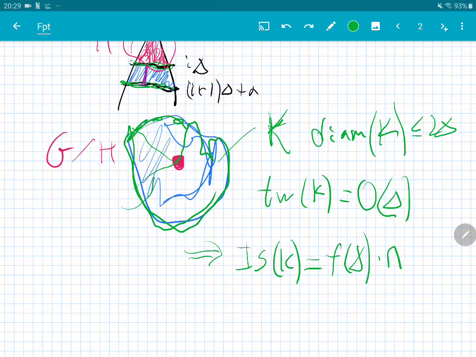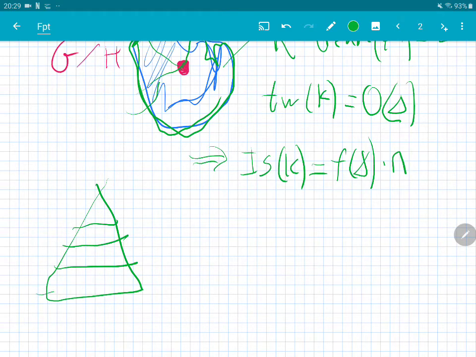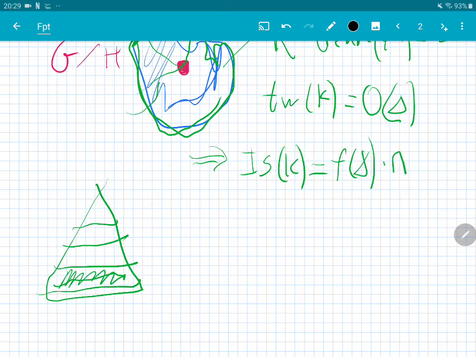Okay, so why is this good? Let's go back to our tree. We cut it in those randomly shifted levels. For every one of those layers in between the cuts, we computed the largest independent set. We deleted those delta levels of the tree, and for every one of those pieces we computed the largest independent set, and then we just take the union.